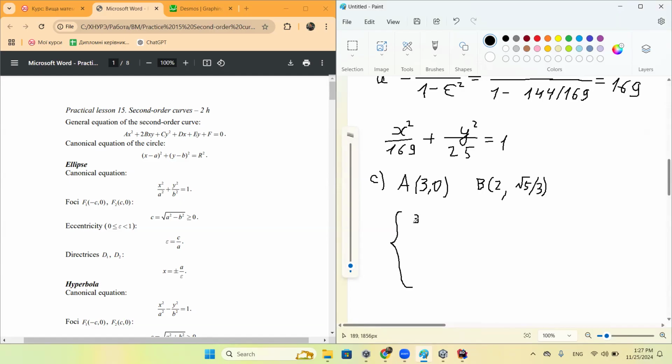So we substitute the coordinates of the first point and the coordinates of the second point into the canonical equation.